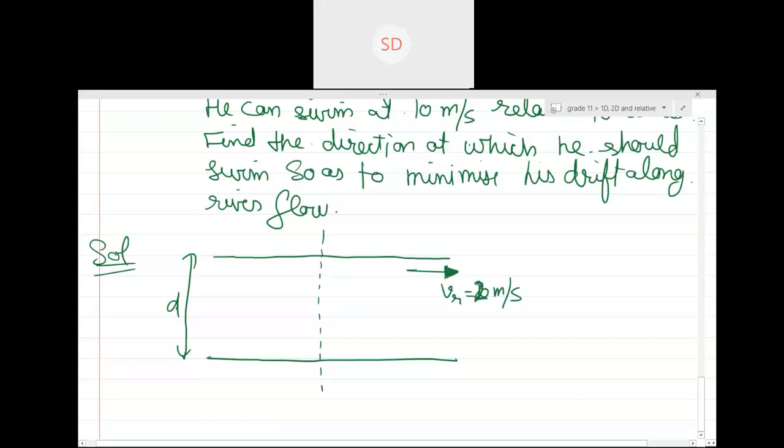I think 20, right? Yes, sir. So VR is basically 20 meter per second.